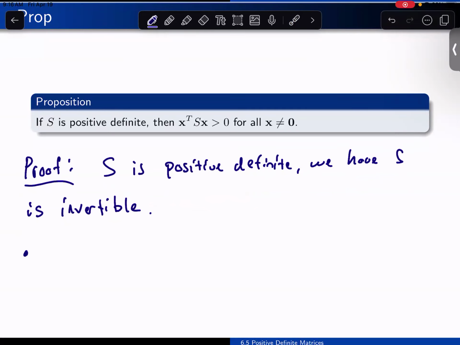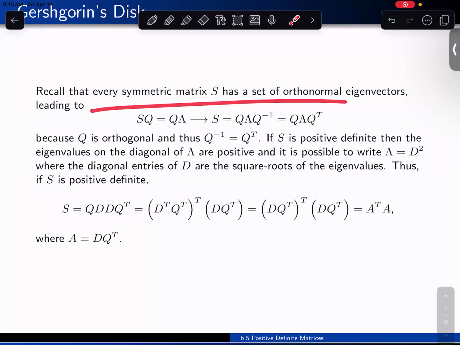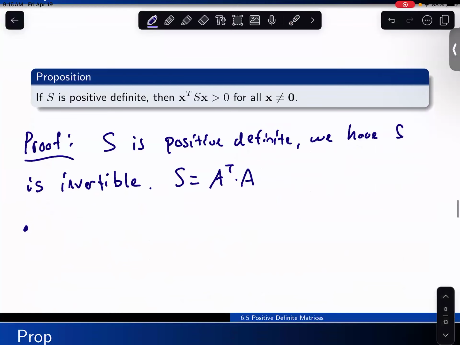This goes back to a proposition we showed in section 4.2. I don't know if people remember it, but we have S equal to A transpose times A from the previous slide. So the null space of S is equal to the null space of A transpose times A, just due to this equality.